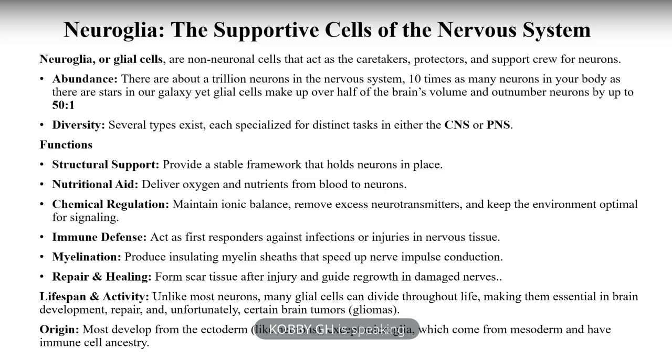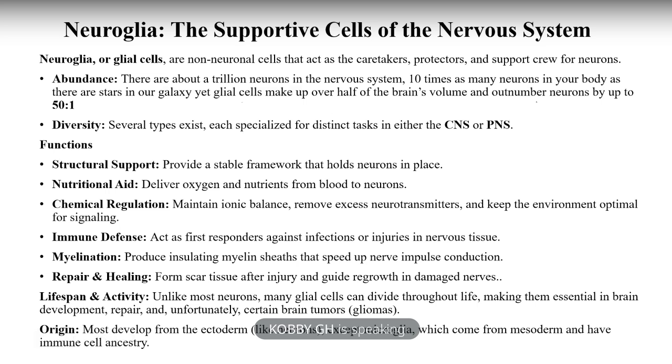Good. Now remember, there are about 1 trillion neurons in the nervous system. We have a lot of neurons in the nervous system, 10 times as many neurons in your body as there are stars in a galaxy, yet glia cells make up over half of the brain's volume and outnumber neurons by up to 50:1.